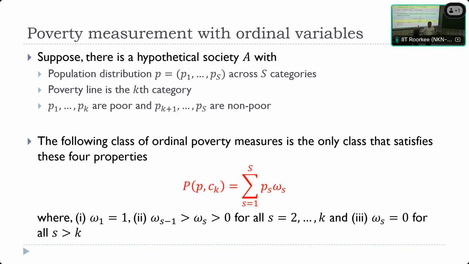But under the assumptions that I made, do they appear reasonable to you? If they do, then that's the weight, and that's mathematically proven. If you have good reason to change some of the assumptions, you may get slightly different weights. But if you agree with the assumptions, these are the only restrictions that you are going to get. That's called characterization. That's very important. So you come up with your assumptions, and this is the philosophy: you come up with your assumptions, and then you get your poverty measure.